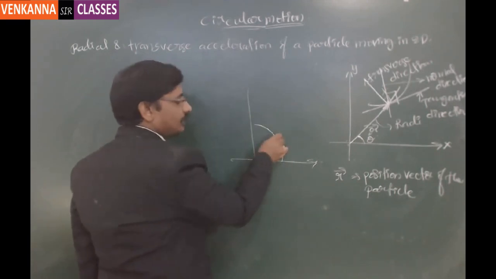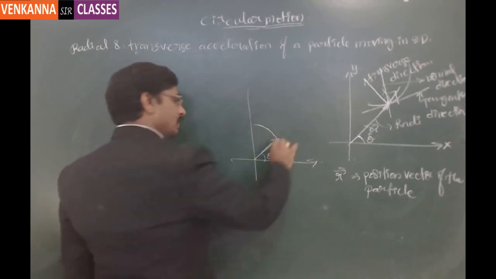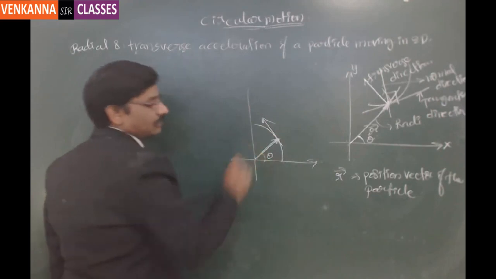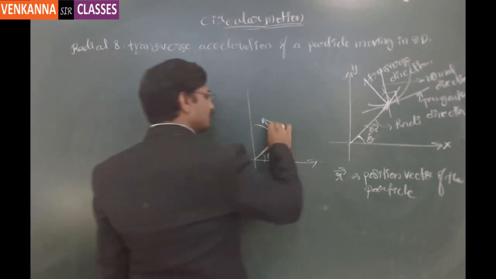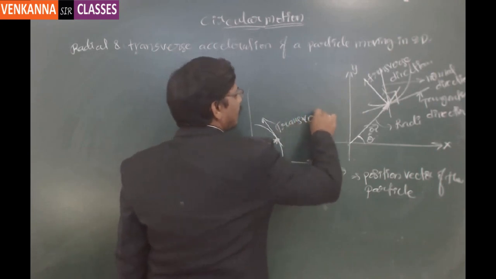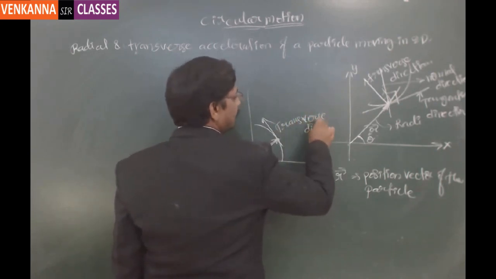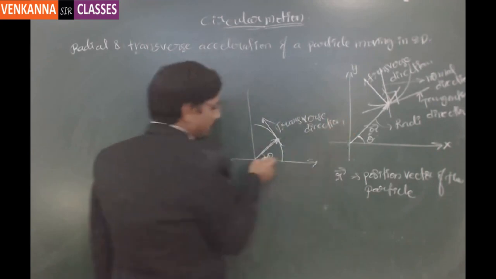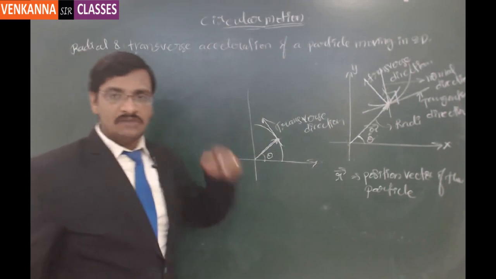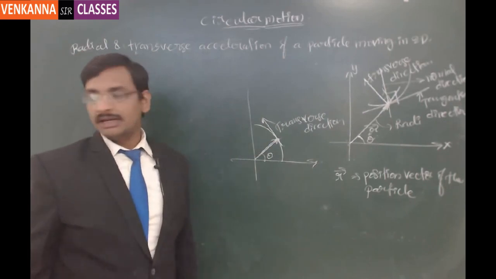The perpendicular drawn to the radial direction we call the transverse direction, and the transverse direction is nothing but the theta direction. So the increasing direction of theta is called the transverse direction, which is always perpendicular to the radial direction.